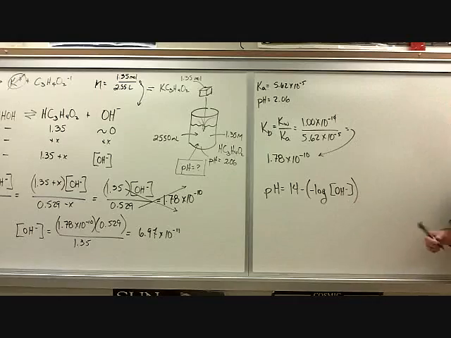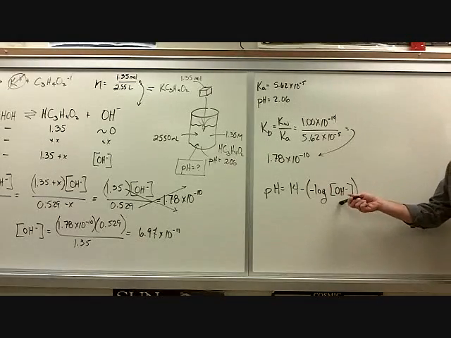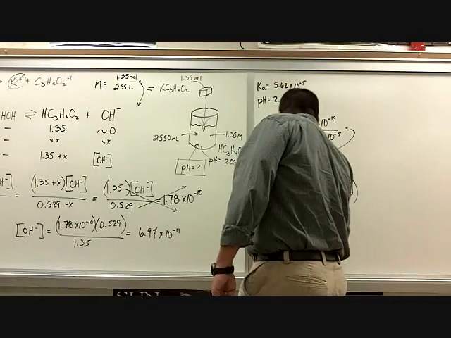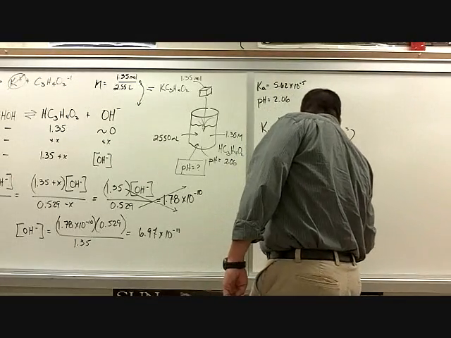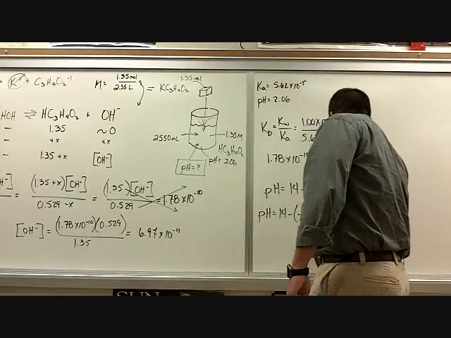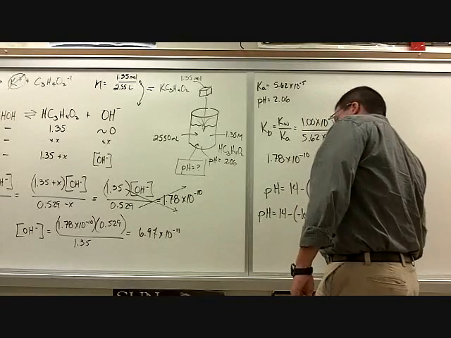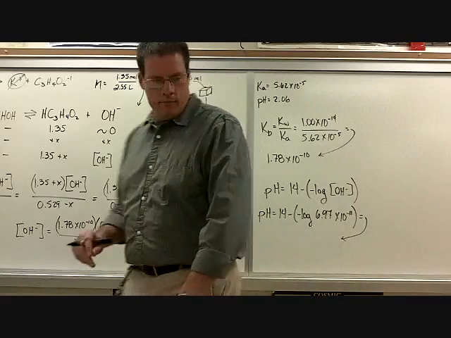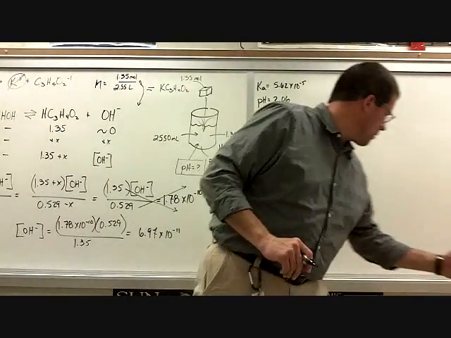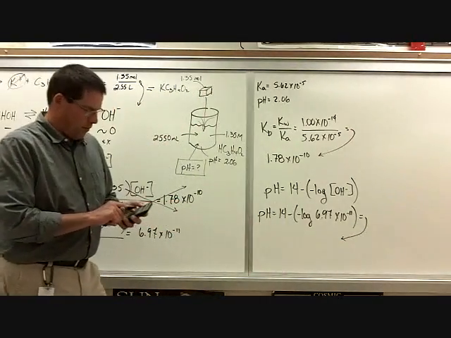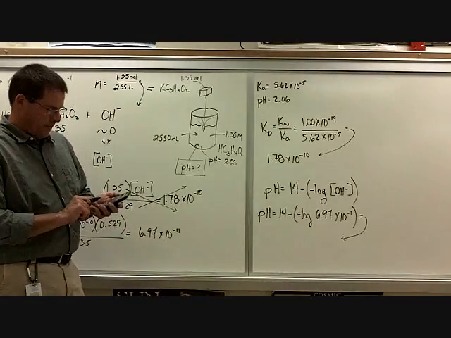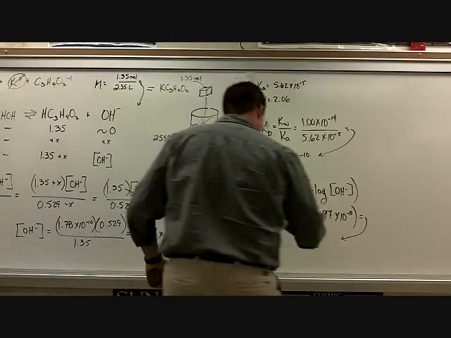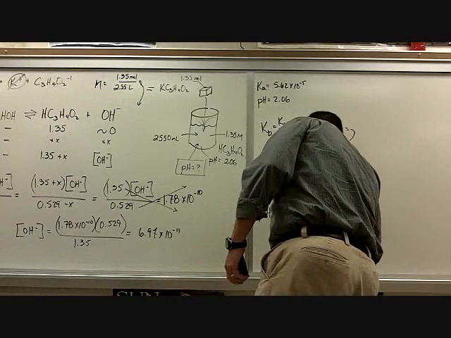So I'm going to do 14 minus, because again, that's the pOH, 6.97. So 3.84. Anybody get that?